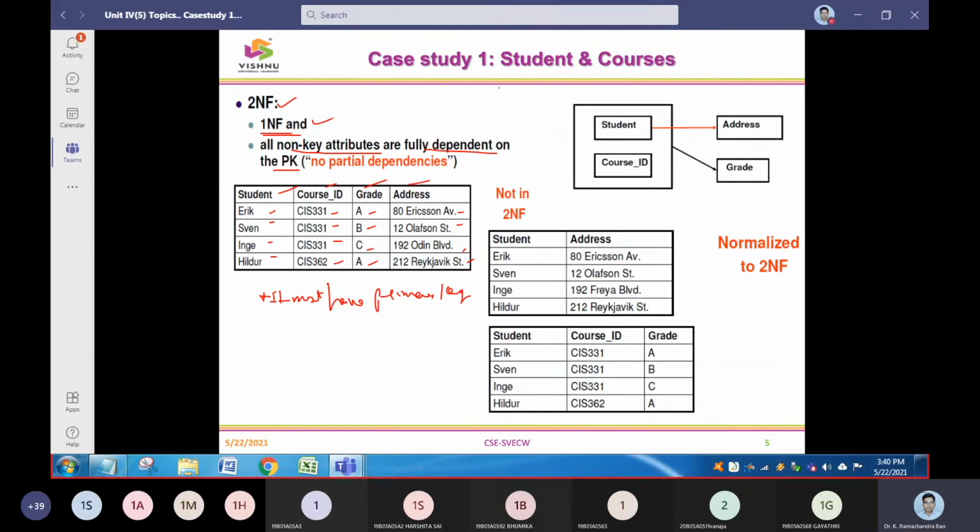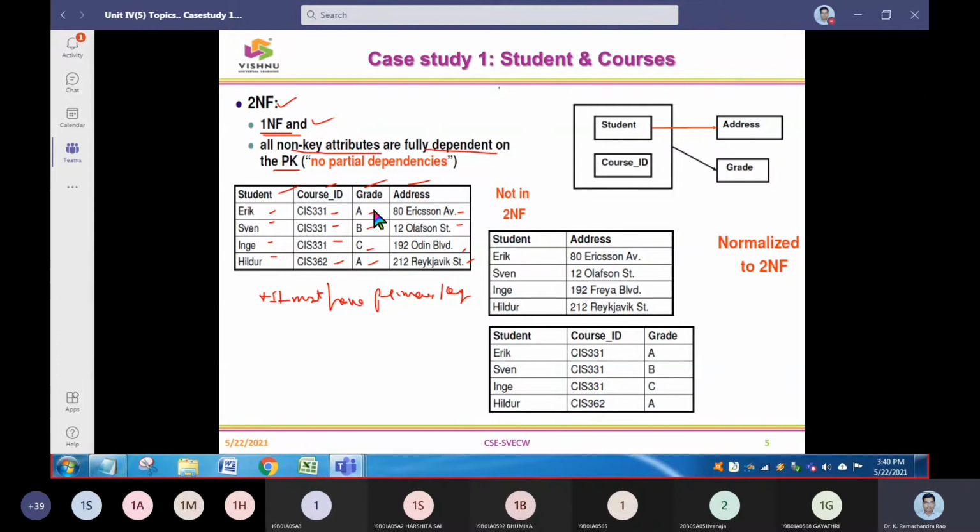So there won't be any relationship between grade and address. But tell me, a girl named Erik got A grade. Yes, there is a relation. Similarly, a girl studying DBMS course got A grade. Yes, there is a relation.